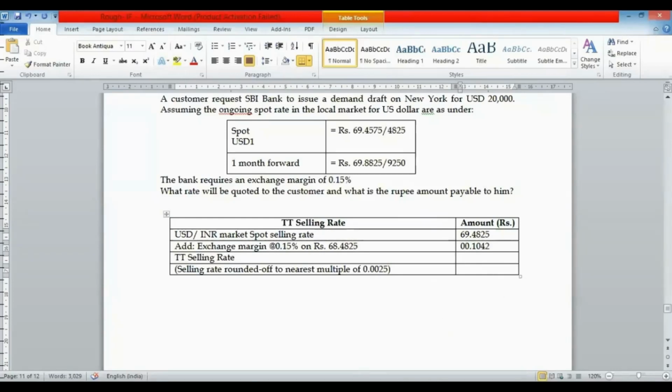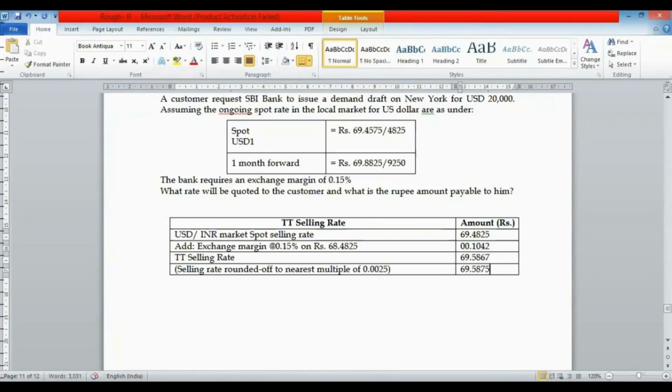You do the calculation, we are supposed to get 69.5867. And if we go for rounding off, then it will be 69.5875.